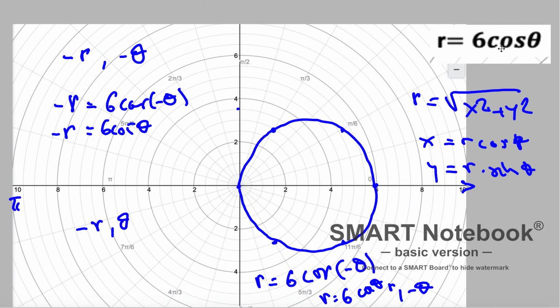To get r cosine theta, you have to multiply everything by r, so r squared equals 6r cosine theta.